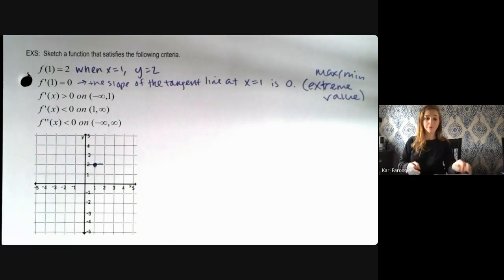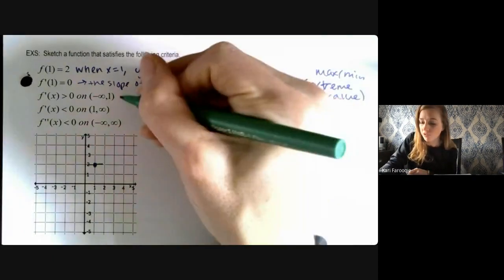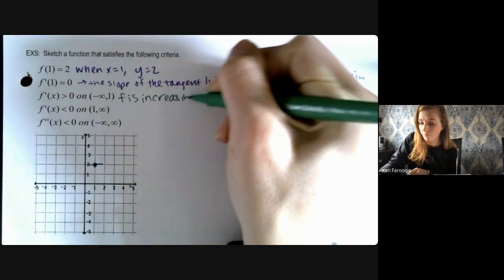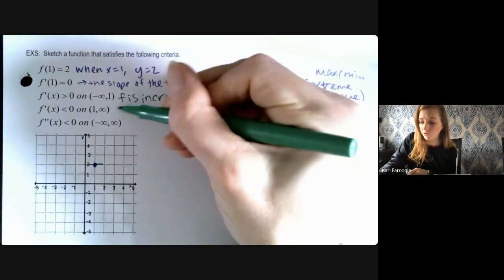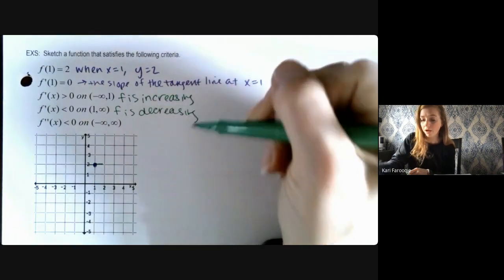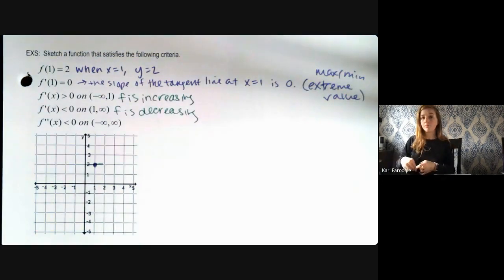Maybe I should say it that way. Don't want to get that confused with the concave up and down business. So this just means that f is increasing on the interval from negative infinity to 1, and f is decreasing on the interval from 1 to infinity.